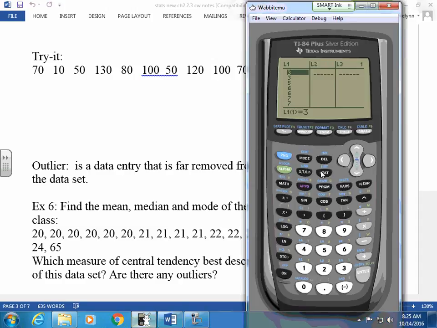So you're going to put them in your stat edit. How do I clear out this table? Go to L1, not delete. Clear, enter. If you delete that table... Do I have to use L1? No, I can use any one I want. And when I do my one-var stats, I tell it what table I use.